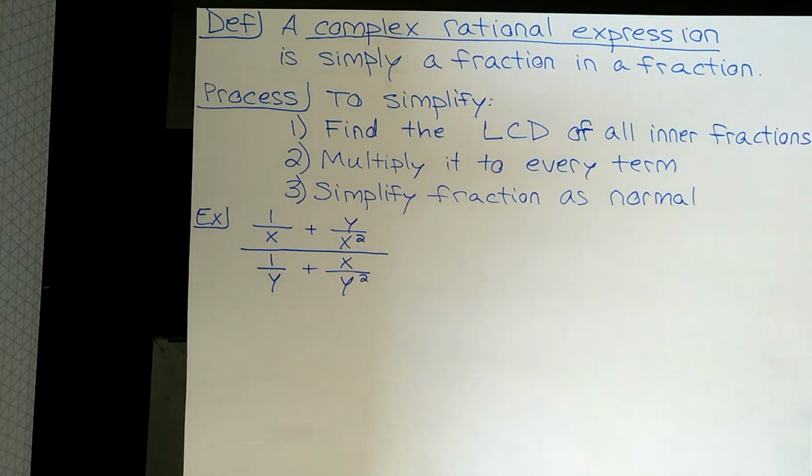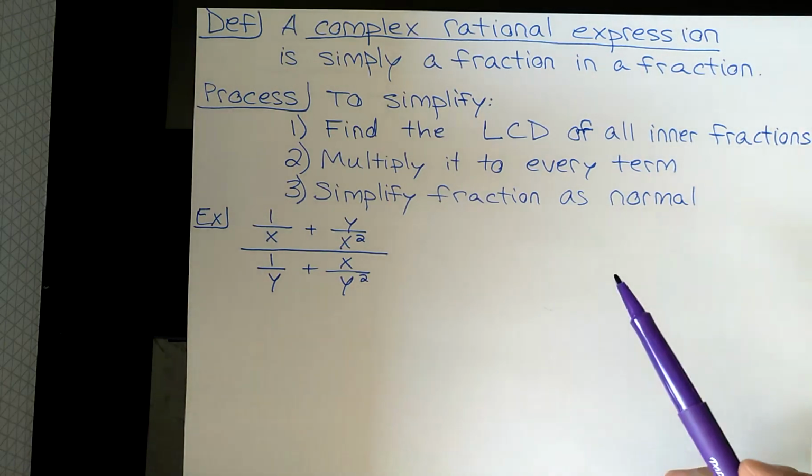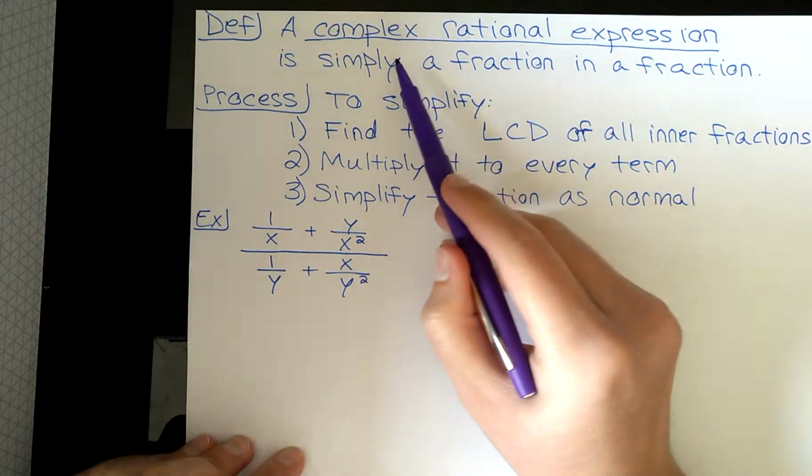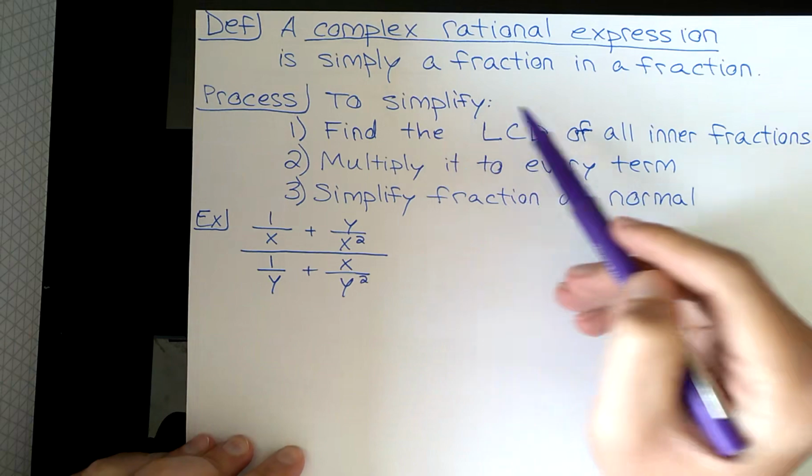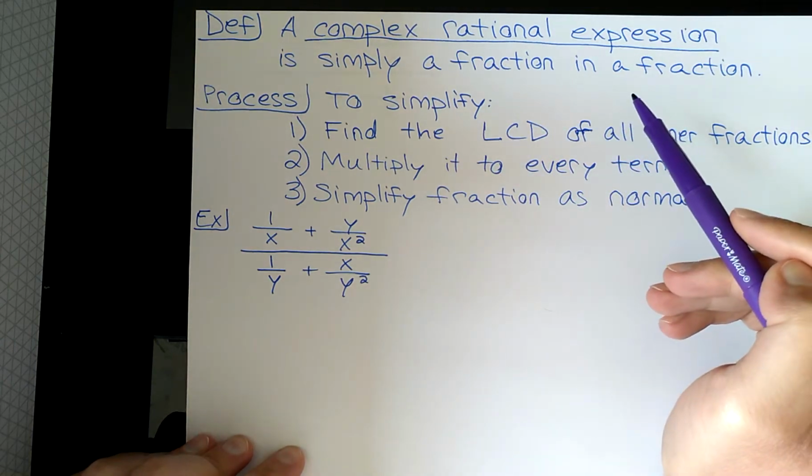So the last topic from this section is what we call complex rational expressions. And a complex rational expression is essentially just a fraction inside of another fraction.